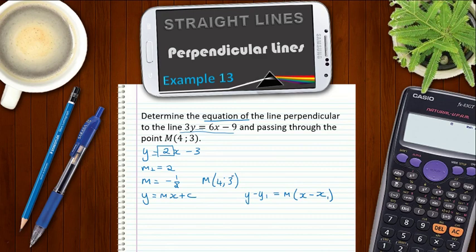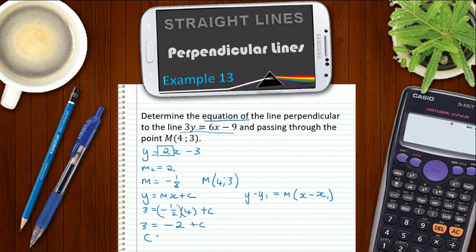So for the y value is 3, and my gradient, which we know is minus a half, my x value is 4, and then I just solve for the c value. So multiplying these out will give me minus 2 plus c.